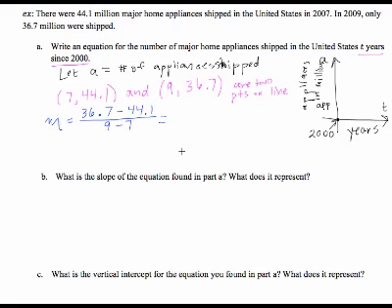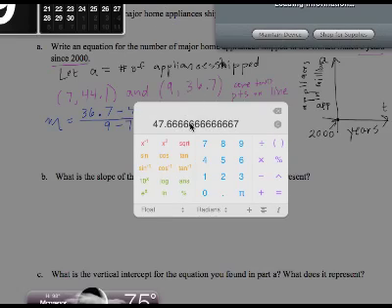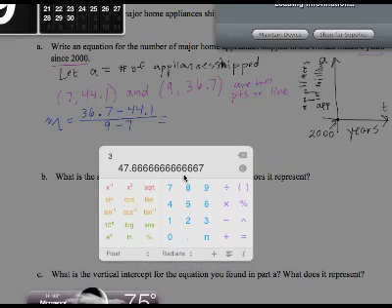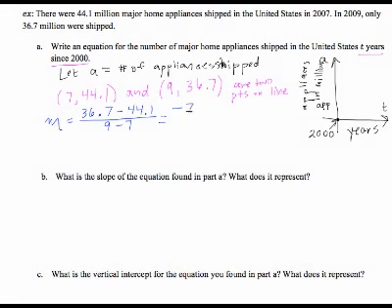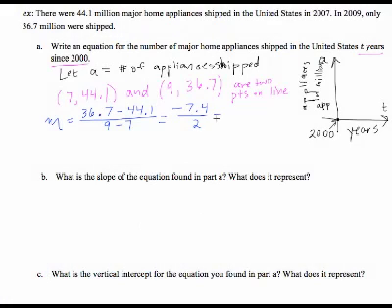Definitely let's use a calculator for that. 36.7 minus 44.1 is negative 7.4 over 2. Negative 7.4 divided by 2 is negative 3.7. That's fine. It's an exact decimal, so let's just go with that.